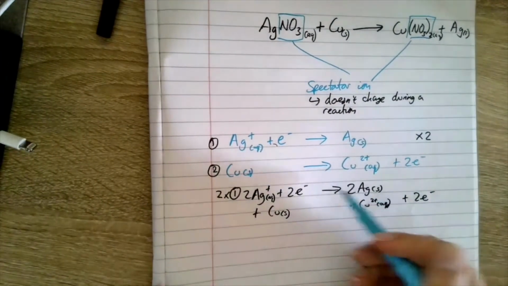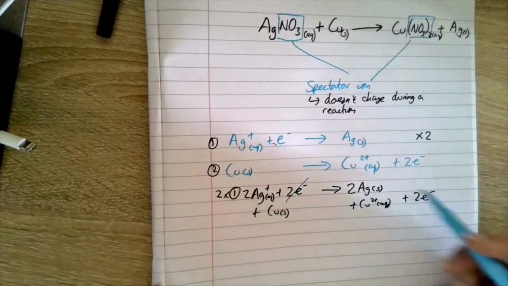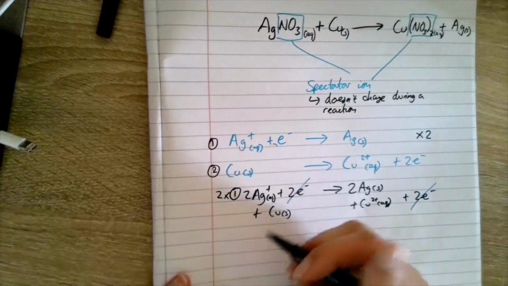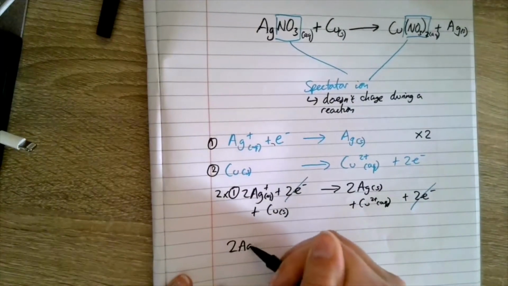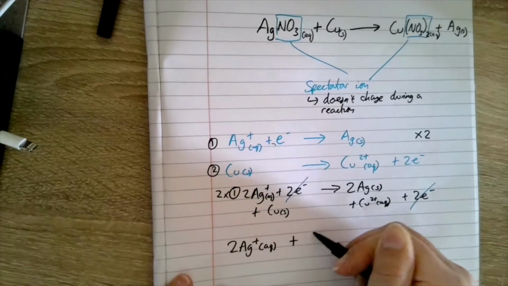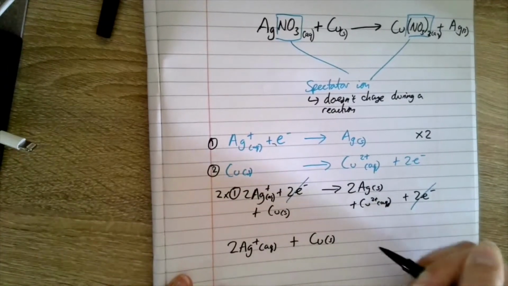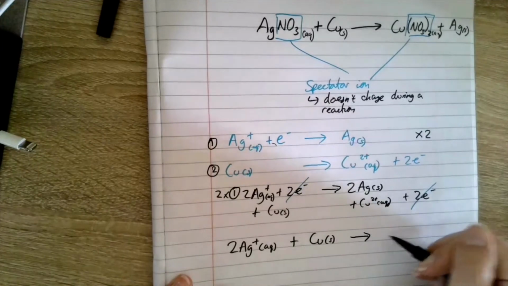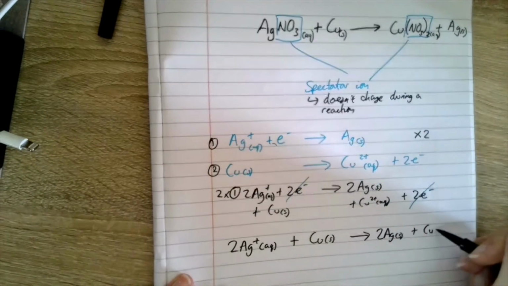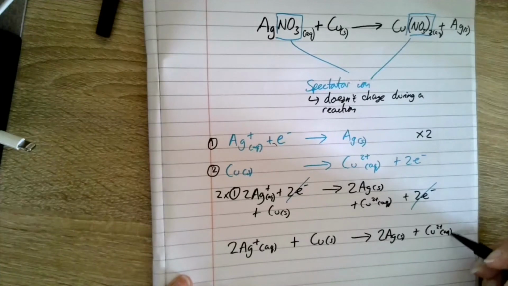Now our electrons, because they're the same on either side, cancel, which is why we needed them to be the same on each side. And so then overall our ionic equation is 2Ag plus Cu solid goes to 2Ag solid plus Cu2 plus aqueous.